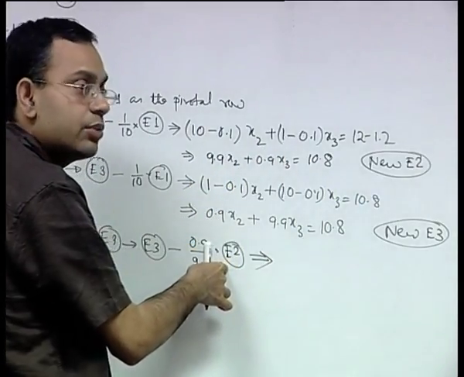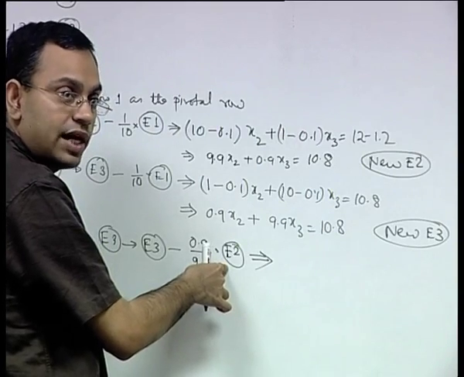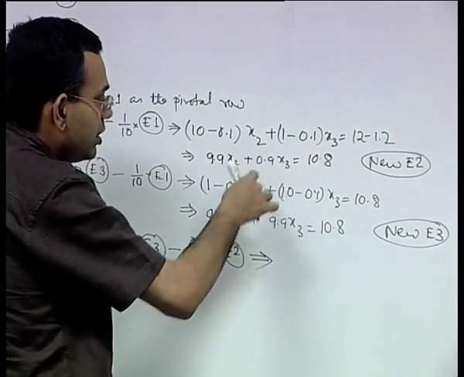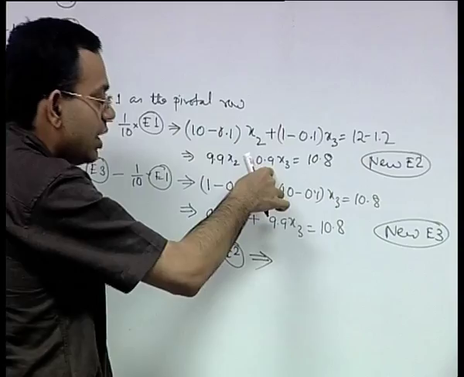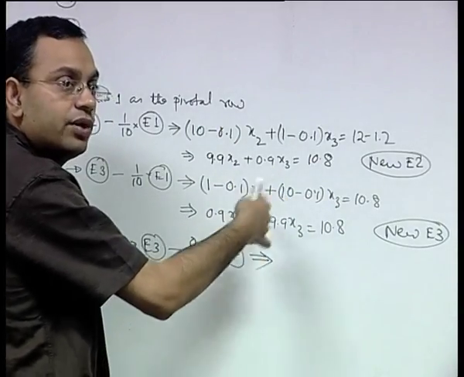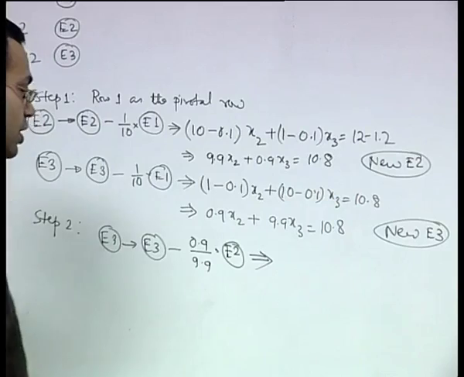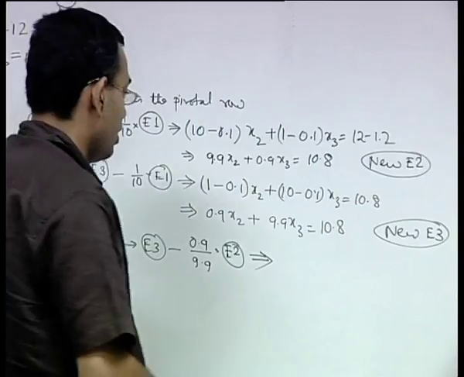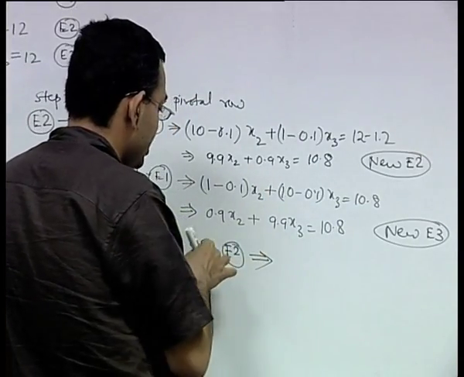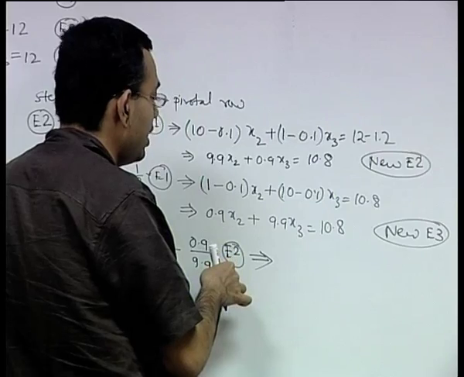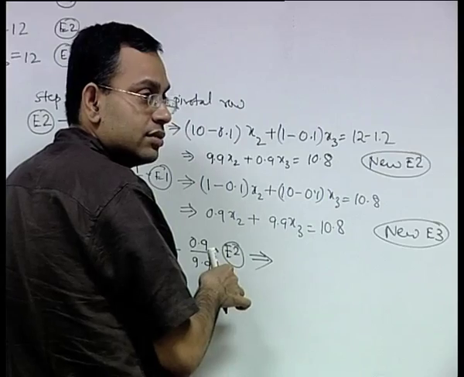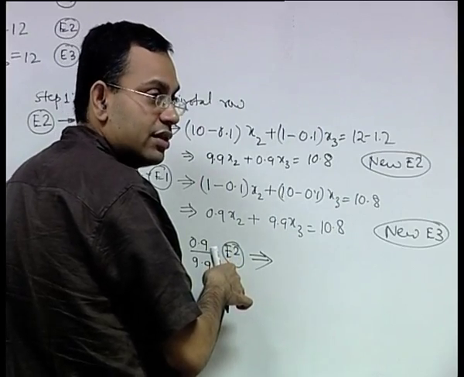For the first term we wanted to make it 0, so that is why 9.9; for the second term it will not be 9.9 but 0.9, and the second term therefore will be non-zero. So, what will this be? The first term will be 0 because this is 0.9 by 9.9 into 9.9, that we have seen.